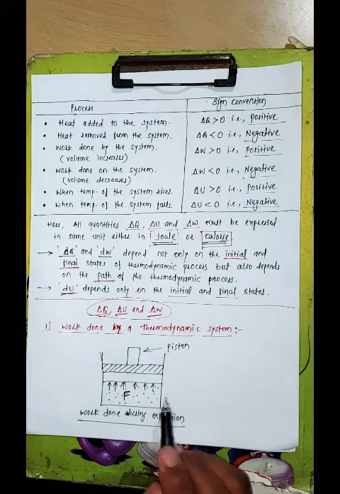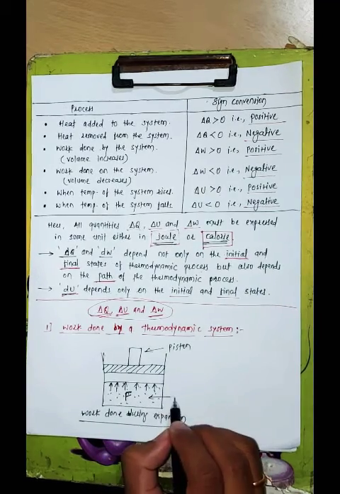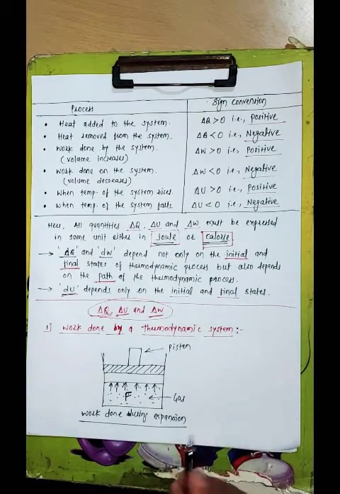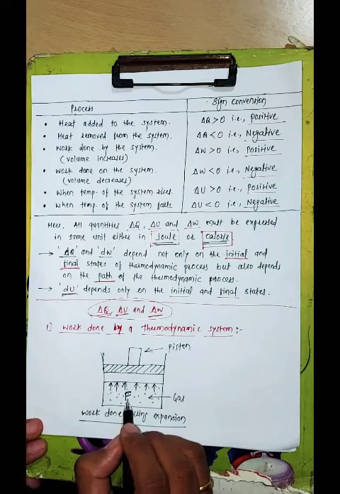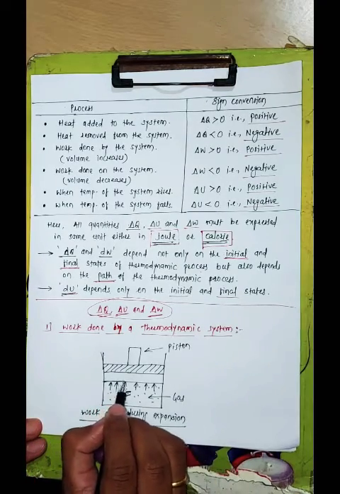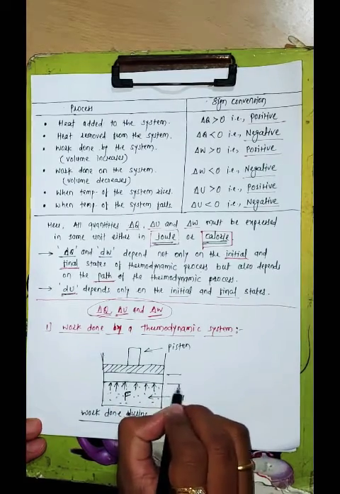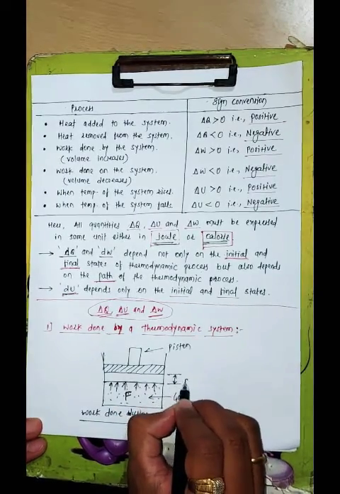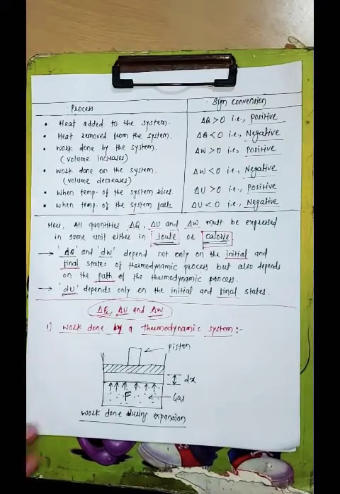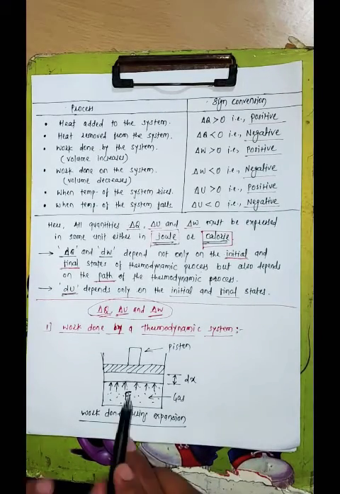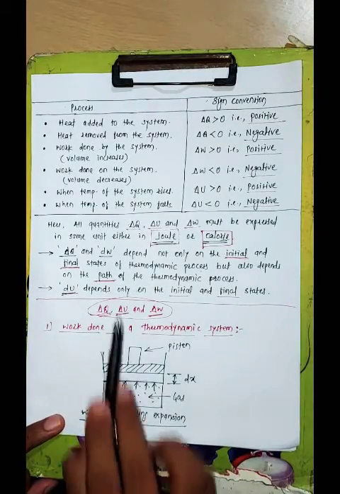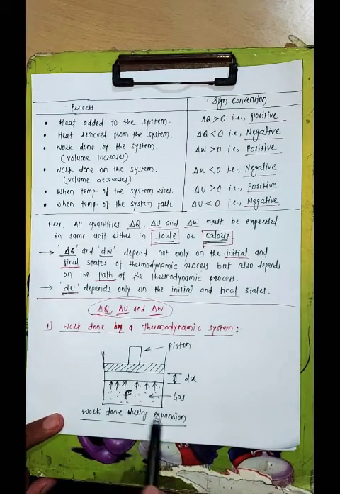So when that particular gas molecules, this is a gas, it will be confined in that particular cylinder. When that gas molecule will be exerting some pressure on this particular wall of the piston, then it will be moving through this infinitesimal distance dx. That means that piston will be pushed outward by that particular gas.